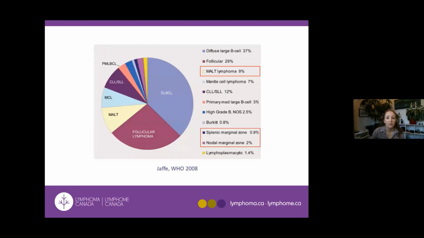Most commonly we have diffuse large B-cell lymphoma, the most common aggressive type, followed by follicular lymphoma. However, there are still good proportions of MALT lymphoma, which is one of the types of marginal zone lymphoma. And then a lot less commonly, we have splenic and nodal marginal zone lymphoma.